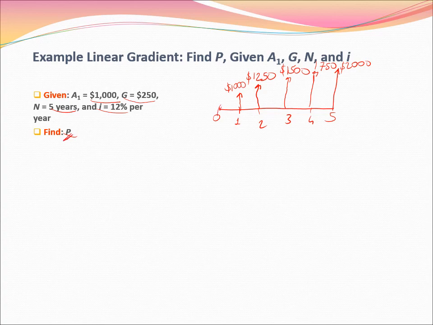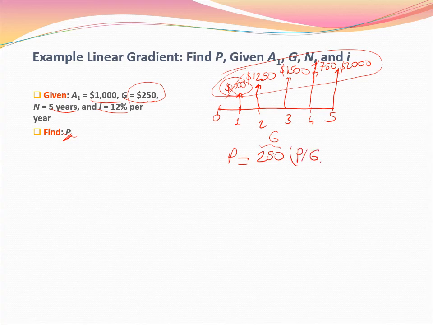Now, how can we find the present value? Again, we don't know the formula. Some students make this mistake and assume that this is a linear gradient series, and they ignore the first amount and say that the increase amount is 250, so they try to find P by multiplying 250, which is the increase amount G, with P given G, 12%, and 5 periods.